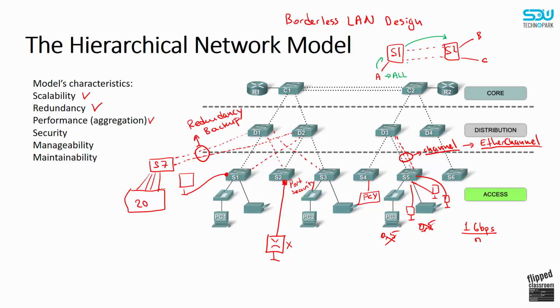Due to the fact that this is a broadcast, the switch resends this information to both links, and when this broadcast frame comes to switch 2, switch 2 will resend it to B and C, and also resend it to switch 1 again. At the same time, we have this frame, which will also be redirected to B and C and to switch 1. So here we'll have an endless loop, and we don't have a mechanism like TTL in layer 2.